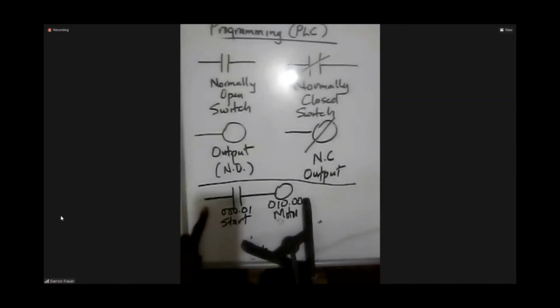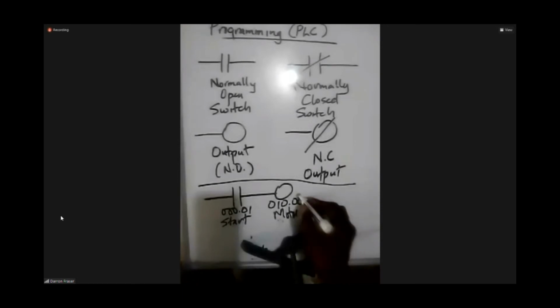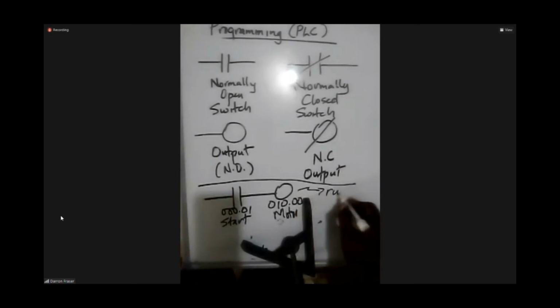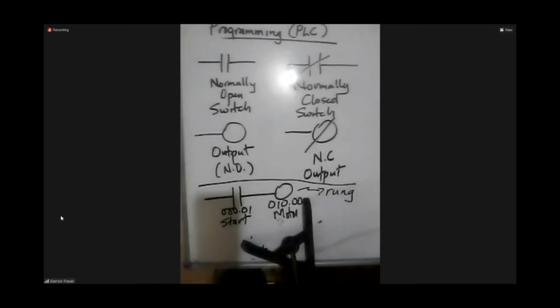The program uses what is called ladder logic. When you write each of these, this thing is called a rung. So each line of code, or each programming line that you write, is called a rung. Now in this particular line of code, I'm going to take the switch and connect it to an output.